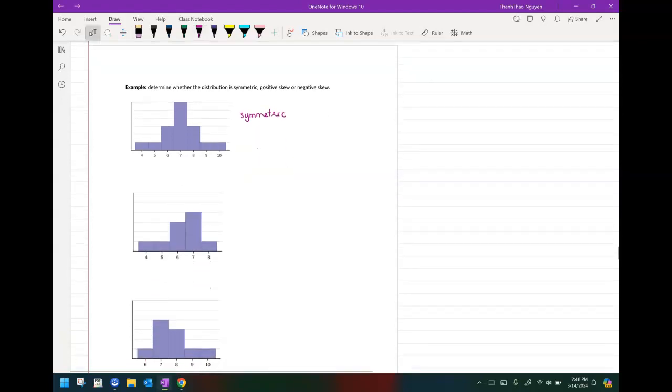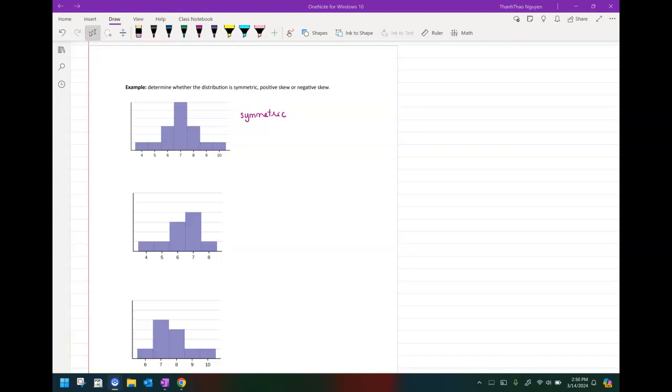In the next case, we have the longer left tail. Because we have a longer left tail, it is skewed to the right, right? Actually, it's skewed to the left because we have the longer left tail.